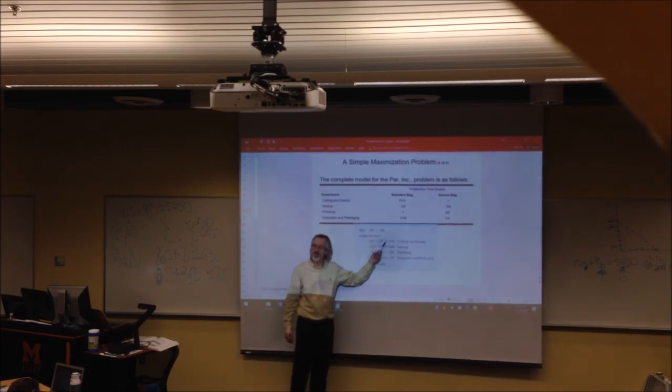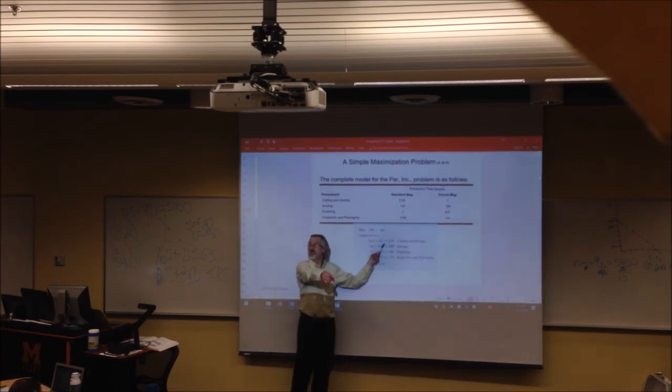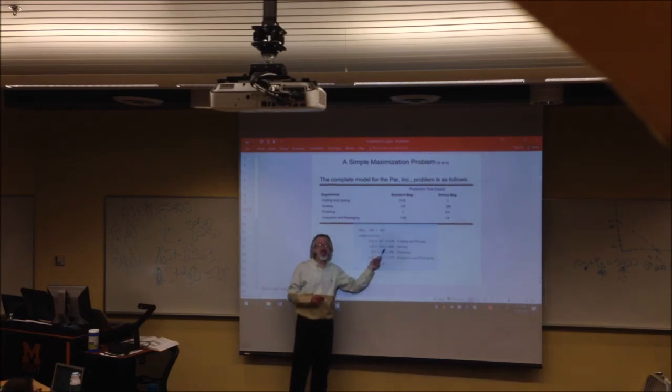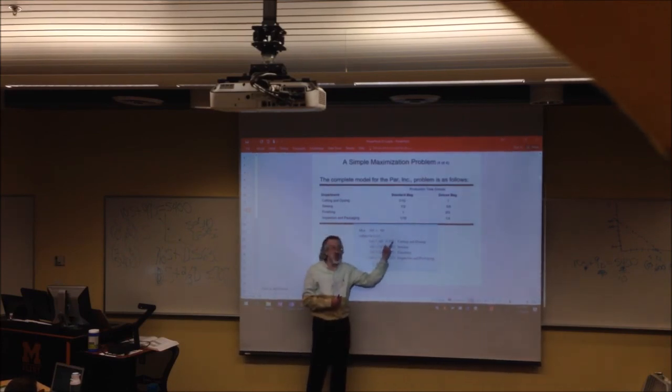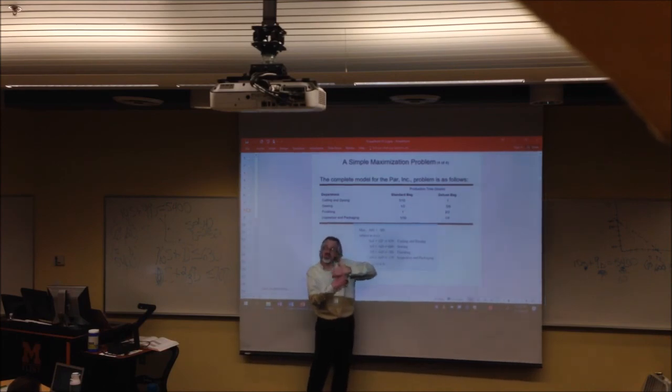How do I know that it's going to equal 630? Because it's the binding constraint. Binding constraints have no slack or surplus. It means when you put the optimal solution on the left side, it's going to equal the right side. There's no difference because it's the binding constraint.